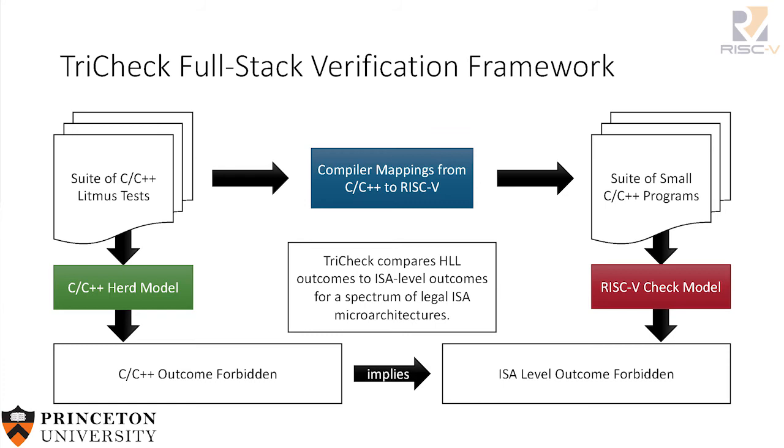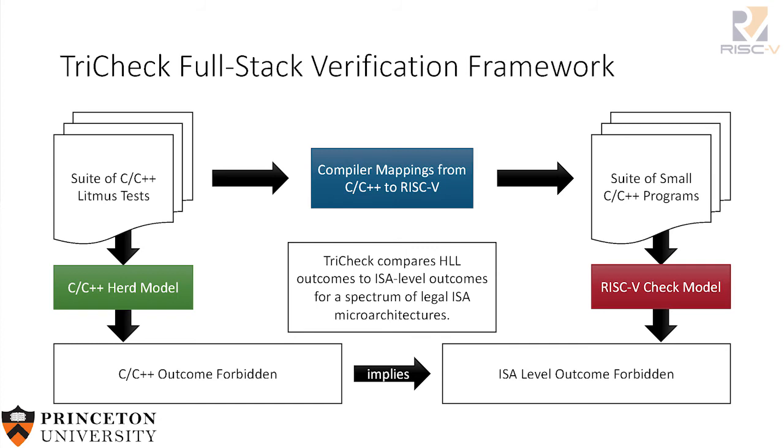If you follow this left-hand side of the flowchart, we take this set of C++ tests, we run it on the C++ simulator, and we determine for each of these programs, say one specific set we tested was about 1,700 programs, what does C++ permit or forbid for each of those programs in terms of outcomes?